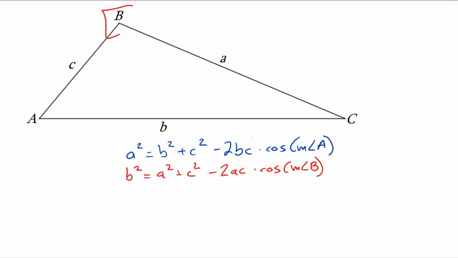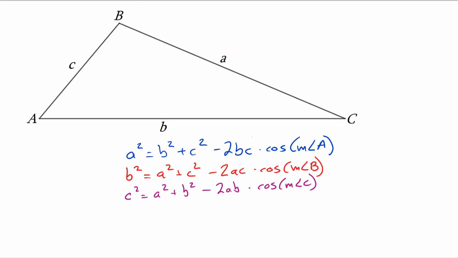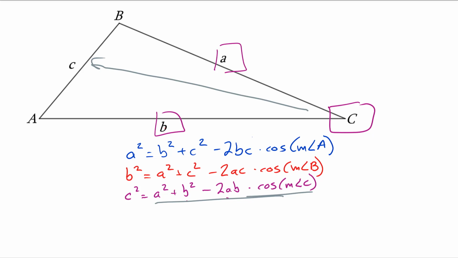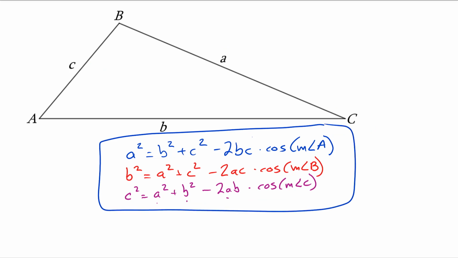So for example, if you know the measure of angle B, and you know the side lengths C and A, and you evaluate that and take the square root, you can figure out the length of B, which is the side length across from angle B. And finally, if you know the measure of angle C, and you know the lengths A and B, then we can use this to figure out the length of C, which is the side length across from angle C.